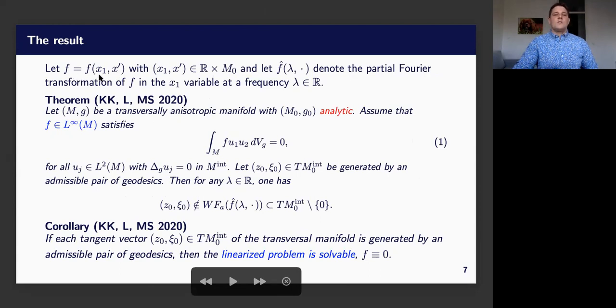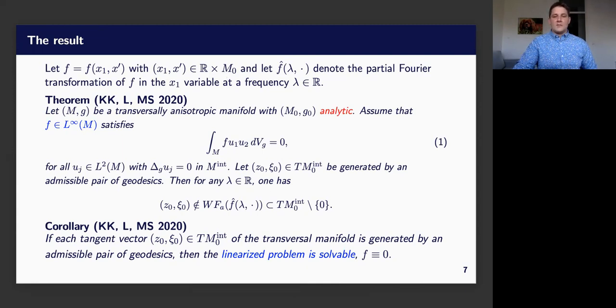So in this cylindrical setting, it is natural to split the variables into two parts. So a function will have its variables x1 and x prime. So x1 will be the variable in the Euclidean direction, this real line R, which went up in the cylinder, and x prime is the variable or coordinates on the transversal manifold.